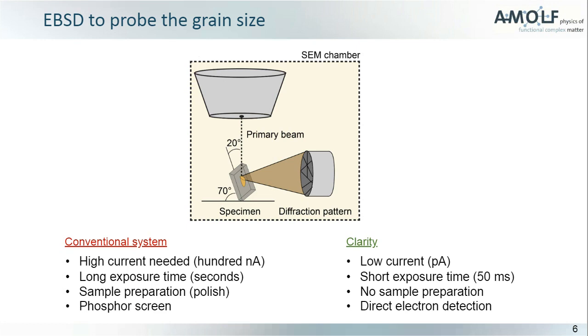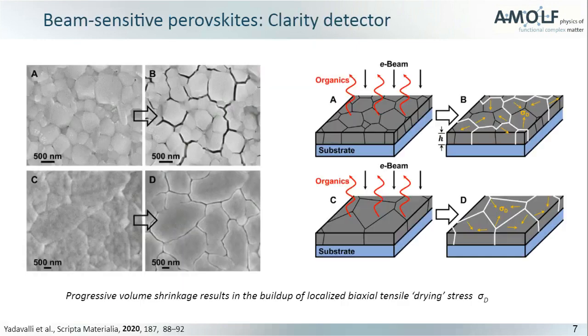And the reason why this perovskite is so sensitive has to be found especially in the organic part of the perovskite. So you see here from this image that already under the SEM, the perovskite is very sensitive. Before imaging, we have a very nice and homogeneous surface, but after imaging, you see cracks in the film.